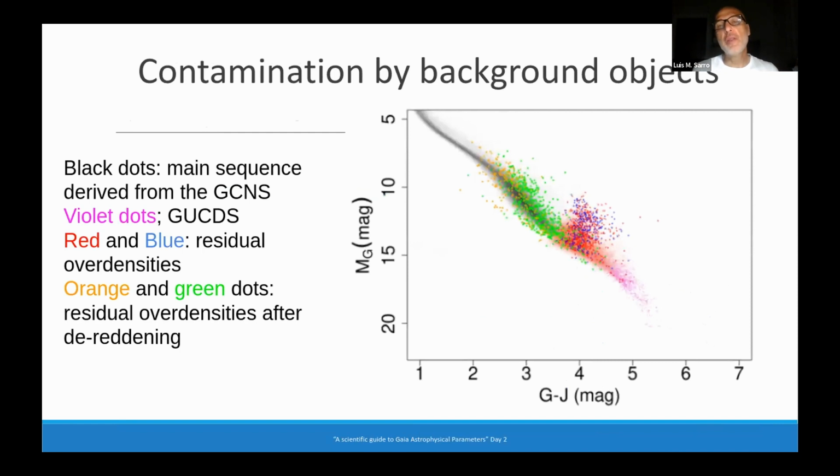Now, if you recall, there were some overdensities left in the celestial sphere projection, which were not associated to typical proper motions or parallaxes, and they coincided with the position of some star-forming regions. We looked deeper into these overdensities, trying to understand what they were, and it turns out that they are background sources.